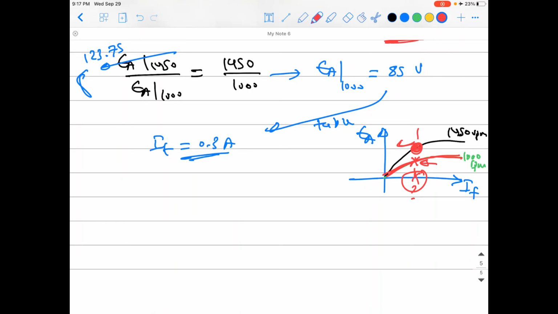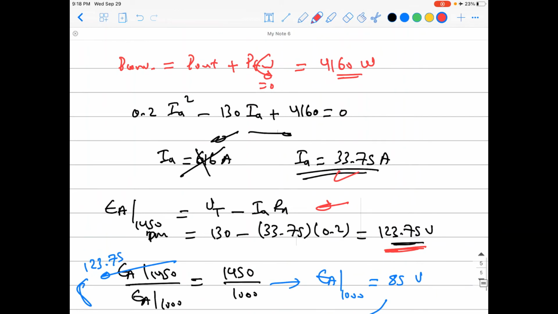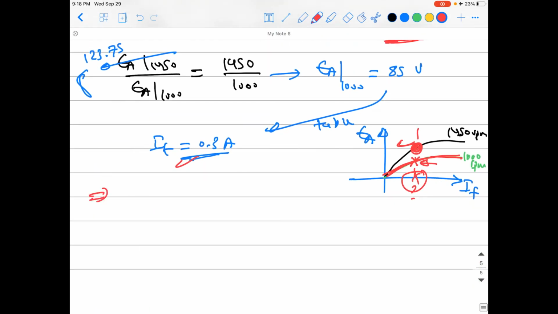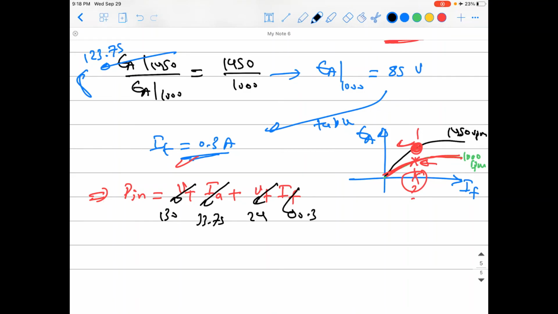Good, now we have IF and we have calculated IA, so everything is in hand now. You can find P input, which will equal V terminal times IA plus VF times IF. Everything is known now. V terminal is 130, IA is 33.75, VF is 24, and IF is 0.3.